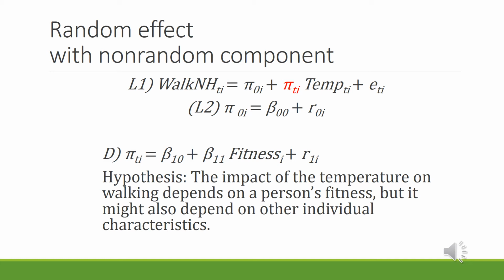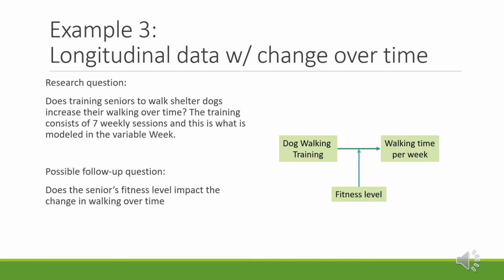So the idea is that fitness moderates how temperature impacts walking, but there are other things, individuals' inclination to walking, or something that impairs or supports their walking in the neighborhood despite higher temperatures.